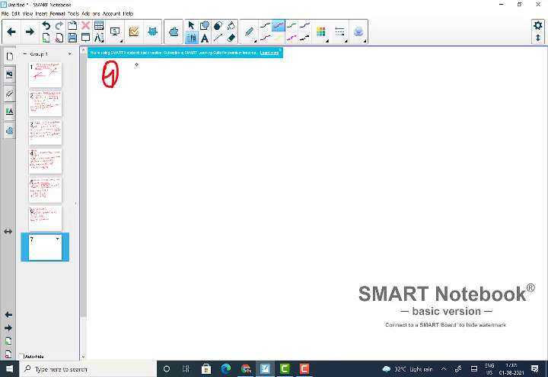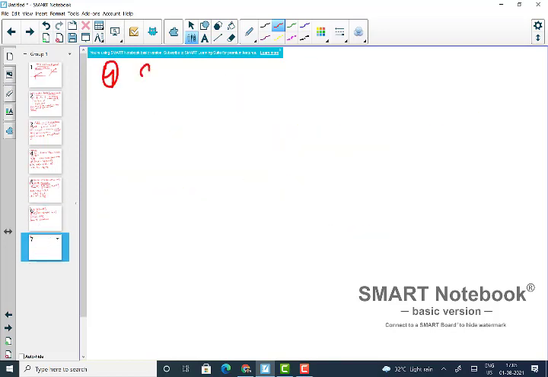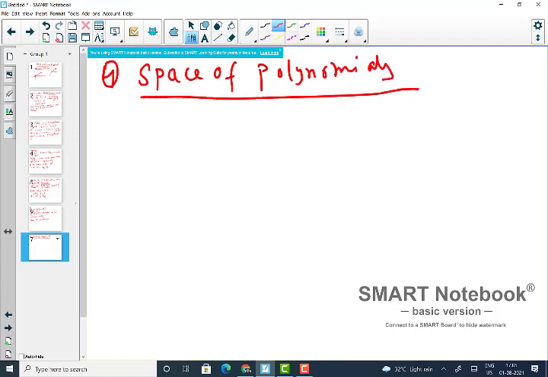Then again you can talk about other spaces, for example the space of polynomials. What was example number 4? The space of polynomials over some field. Let me first define what we mean by polynomial. Let me define by this symbol P(F), where F is a field.